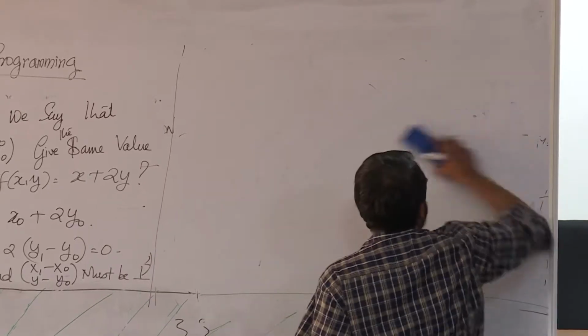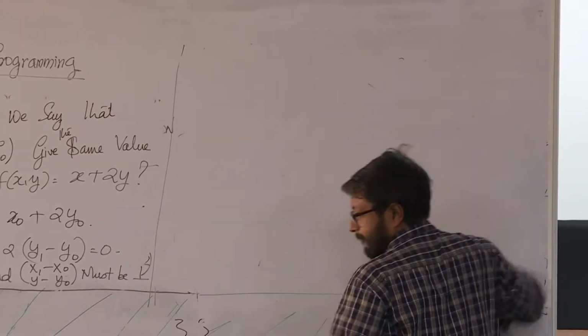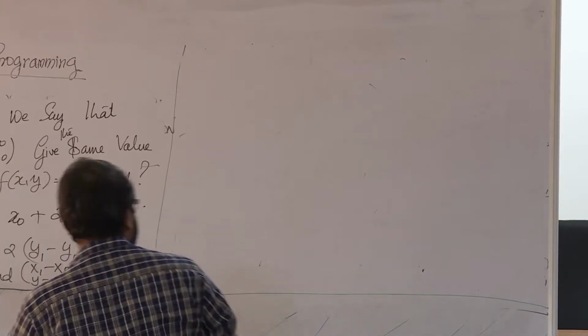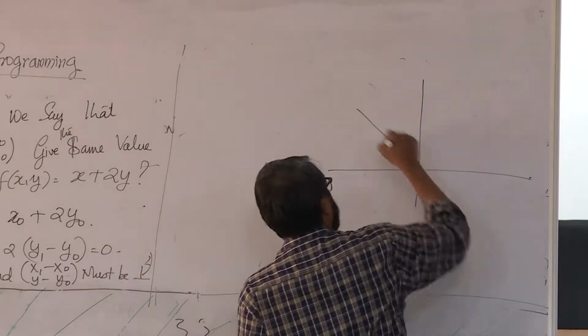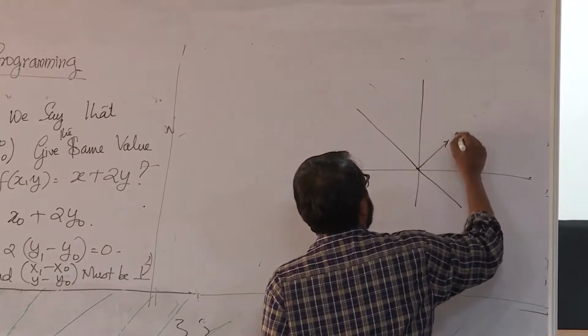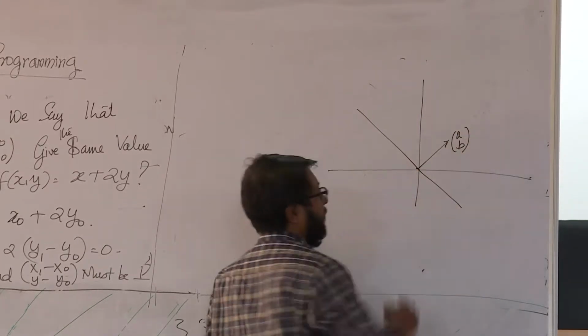Let's review what we have done so far. Suppose abstractly this is a point (A, B).